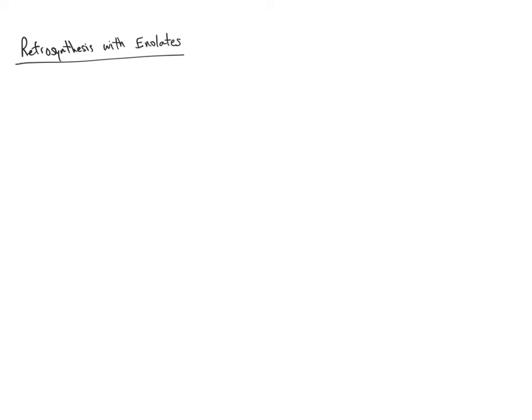So the final skill we want to develop is the retrosynthesis of enolates. And by now you've seen that enolates react with a variety of different functional groups as electrophiles.